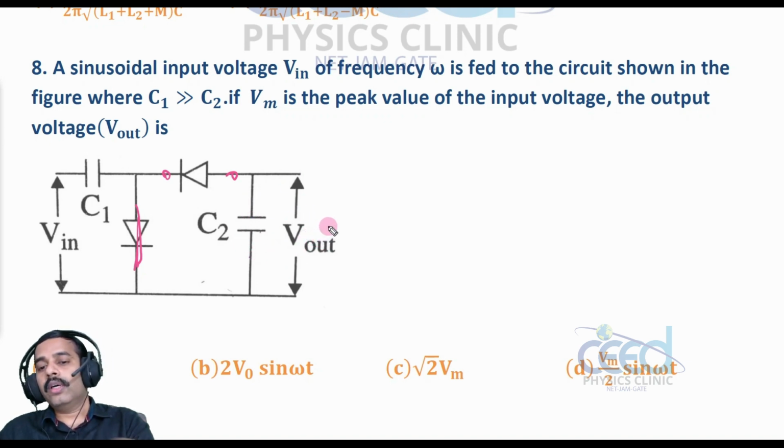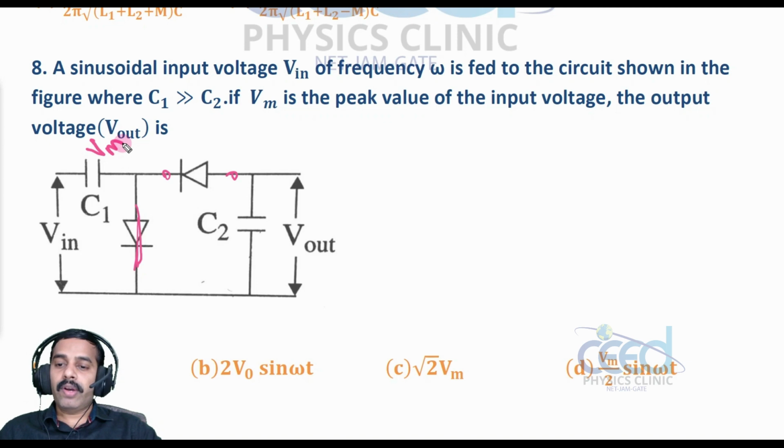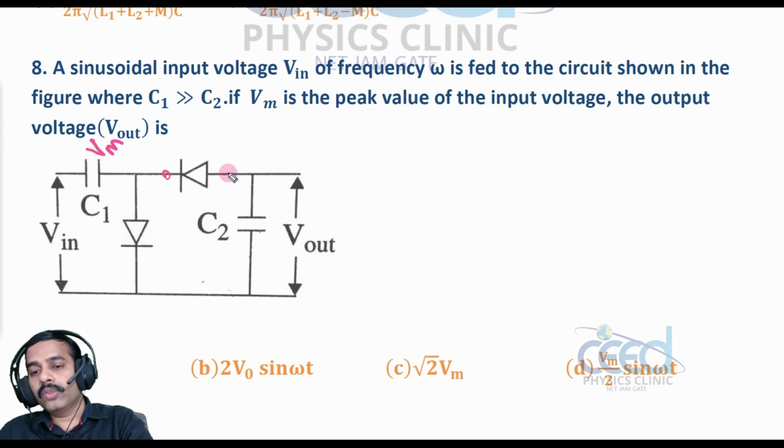During the positive half cycle, this capacitor C1 will charge to Vm. But look into the negative half cycle. During the negative half cycle, this diode will conduct, and this circuit will be open. It will not work.